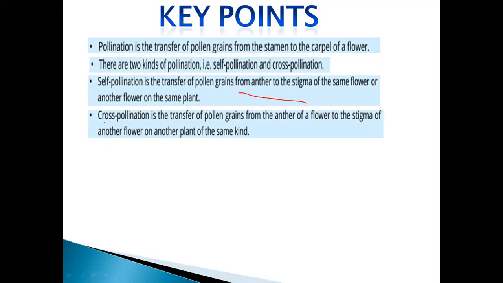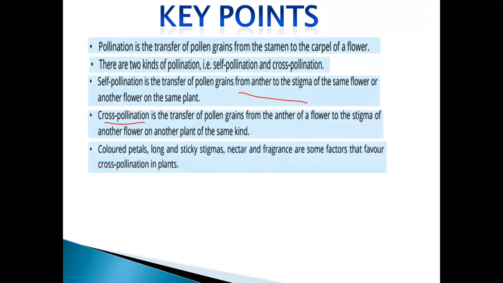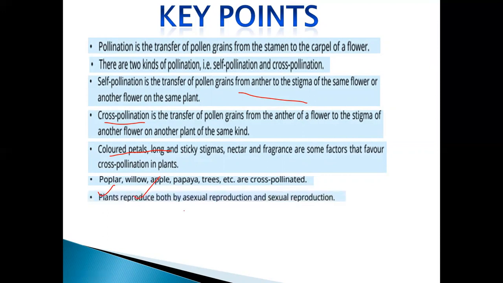And cross pollination is the transfer of pollen grains from the anther of a flower to the stigma of another flower. For cross pollination, colored petals, sticky stigmas, and nectar are very helpful. Poplar, willow, apple, and papaya do cross pollination.